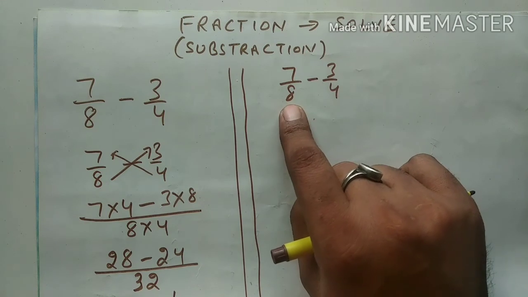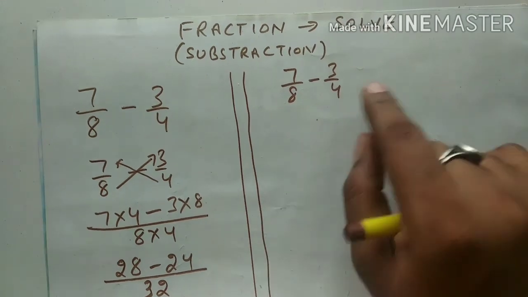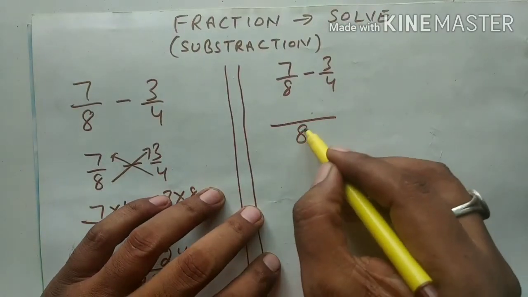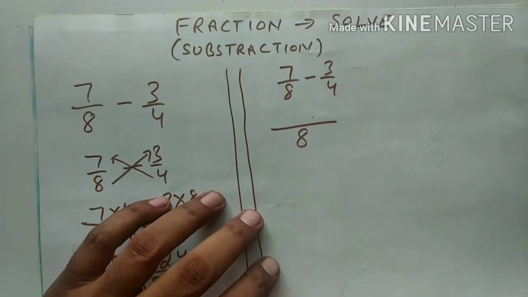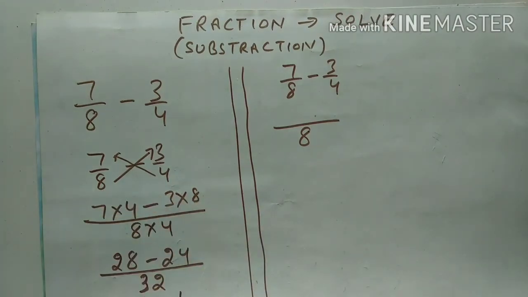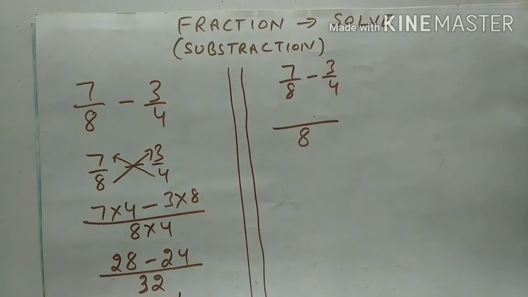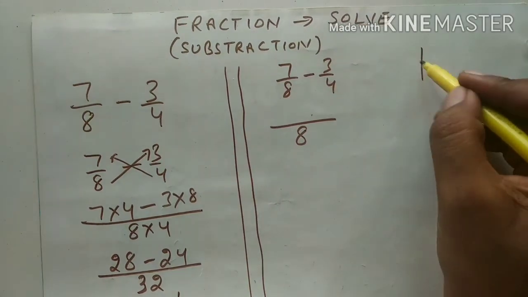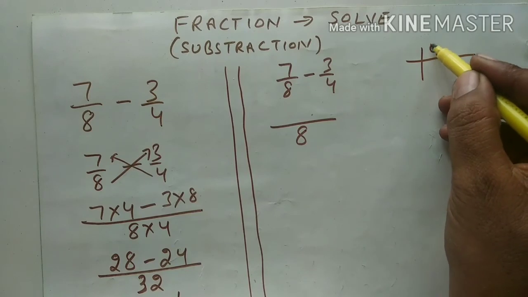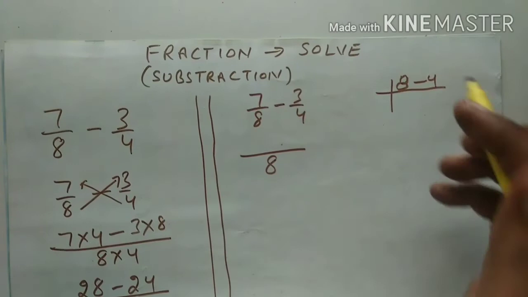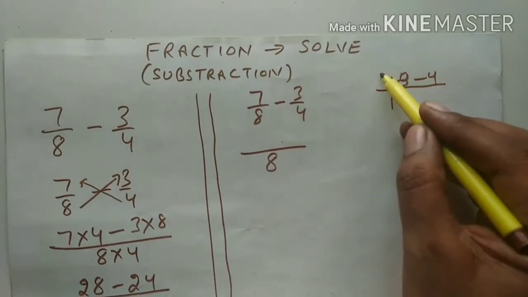Okay student, so without finding the LCM we will write the LCM. So what is the LCM? That is 8. So I will write below the division bar the LCM. Okay student, now if you have any doubt, then I can find the LCM. So see here, the first number is 8 and the second number is 4. Now both are divisible by the table of 2.